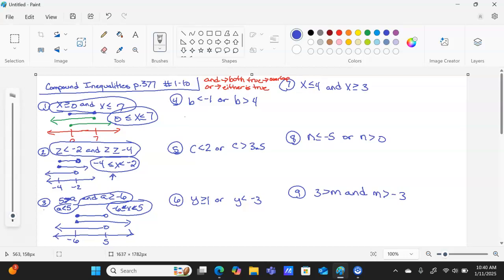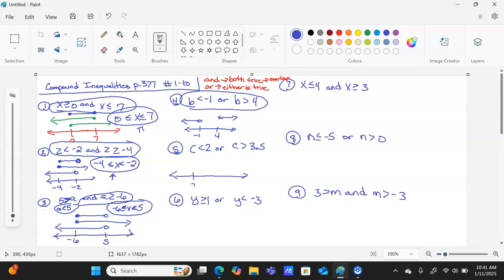When I hit number 4, I hit an or, so it's where either one of them is. -1 to 4. So less than -1, greater than 4. And so this is your solution. With or statements, there's no way to combine them like this in an and statement.